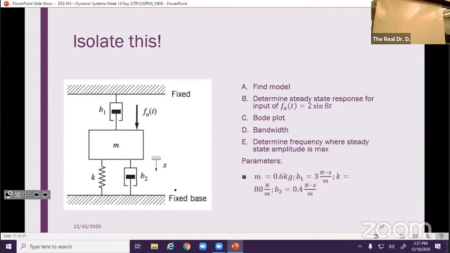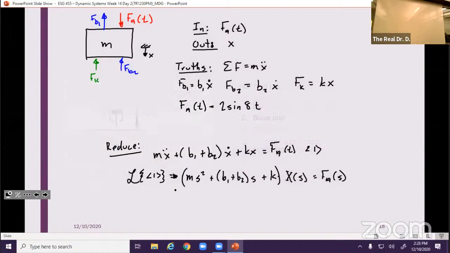The first thing we have to do, always, is our free body diagram. Right, so here it is. Here's our free body diagram, looking good.